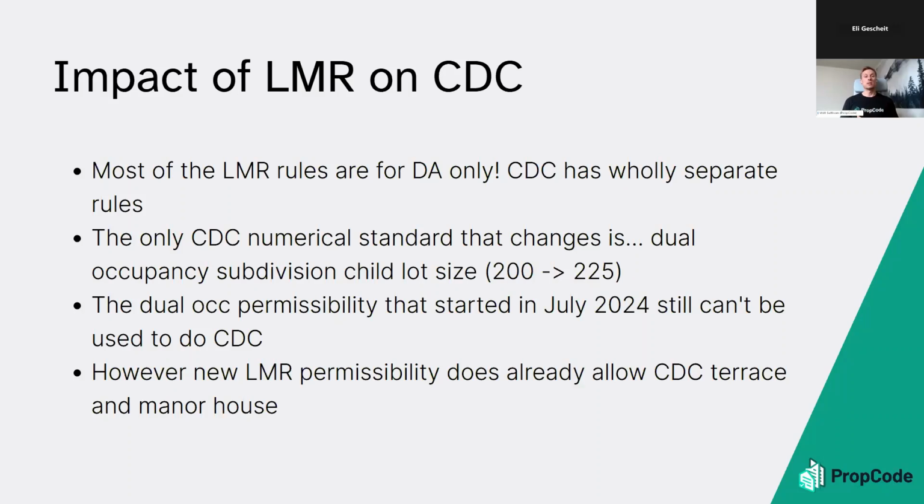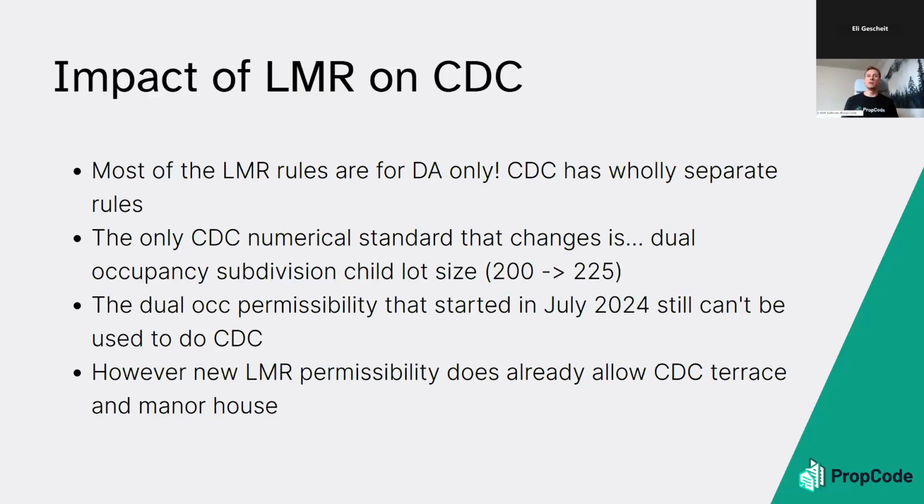That permissibility does come into CDC. So although none of the other rules apply, the height, the FSR, those things don't apply to CDCs, you can possibly open up some new opportunities to get a terrace project or a manor house project approved by CDC when it wasn't possible to do CDC before. If that didn't make any sense, that's all right. You can chat with us later. Contact us if you're interested in those sorts of projects.